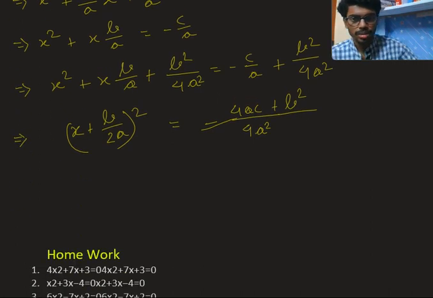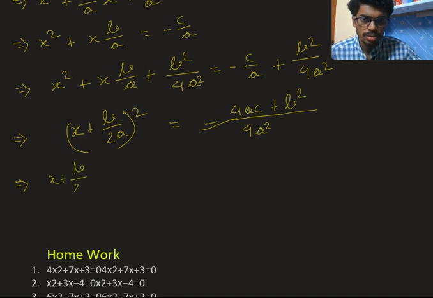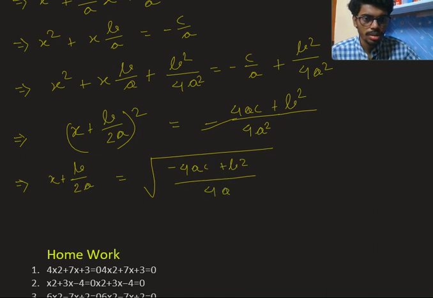And we can write that x plus b by 2a is equal to whole root over minus 4ac plus b square by 4a square.